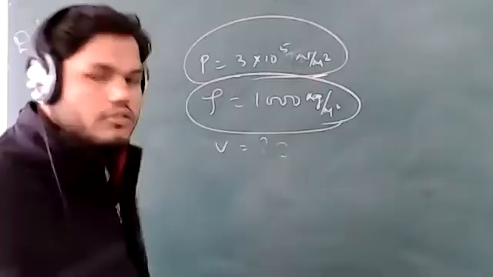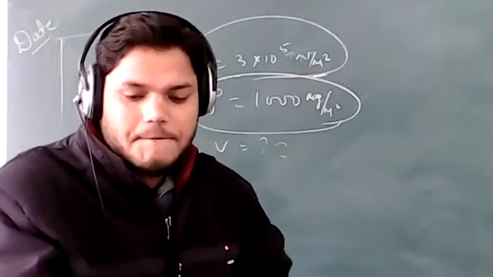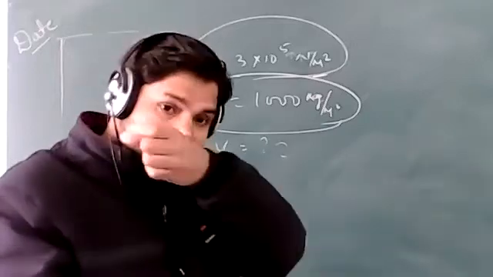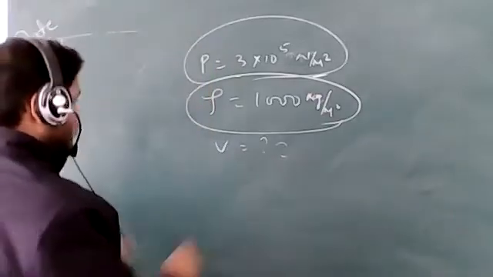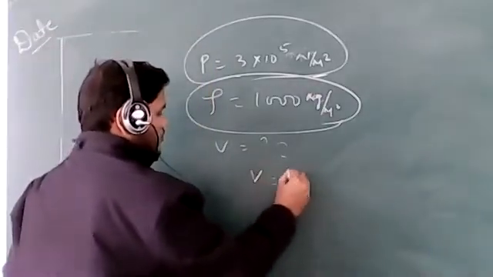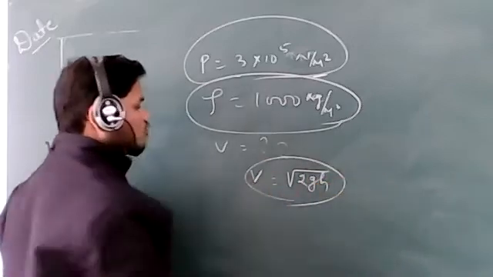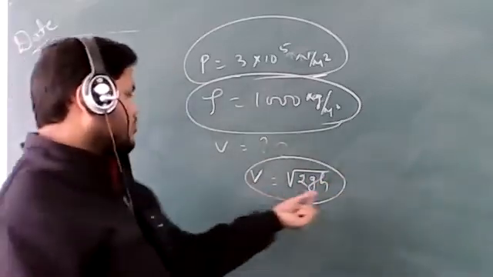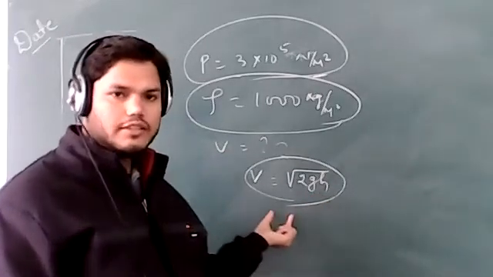Who can solve this type of question? The formula is the same, v equal to root over of 2gh, but first of all we have to find out the value of h here.